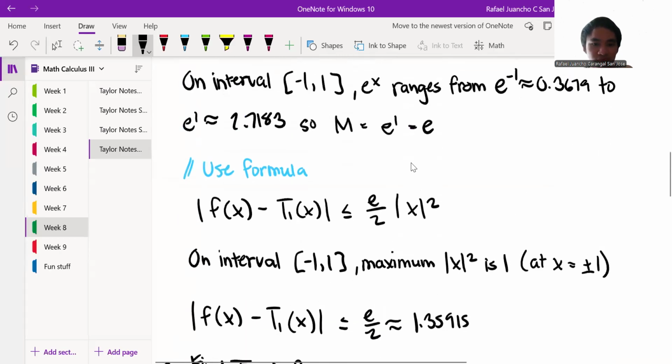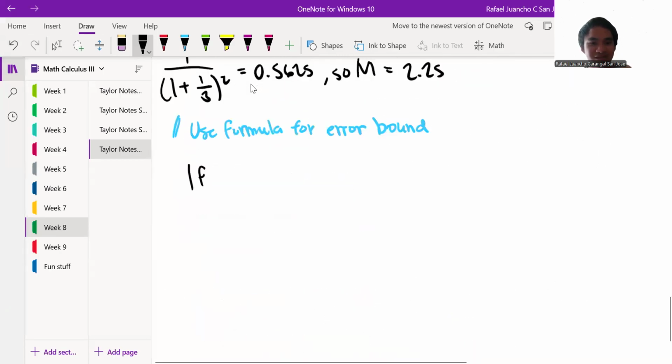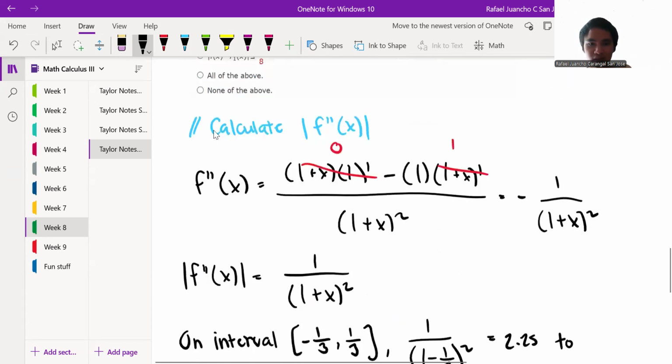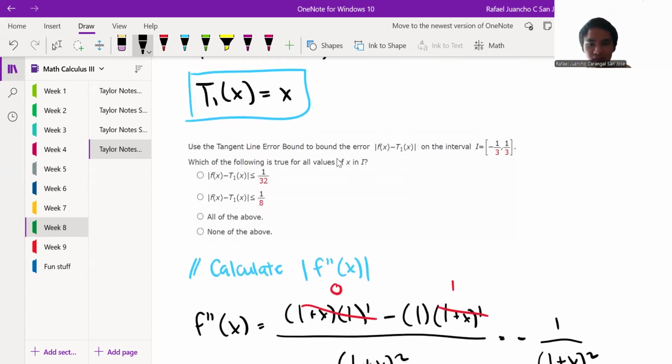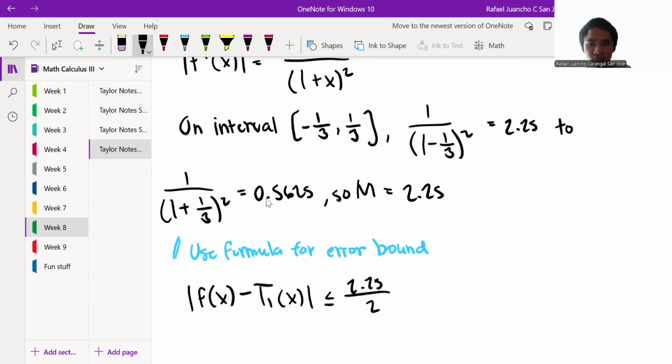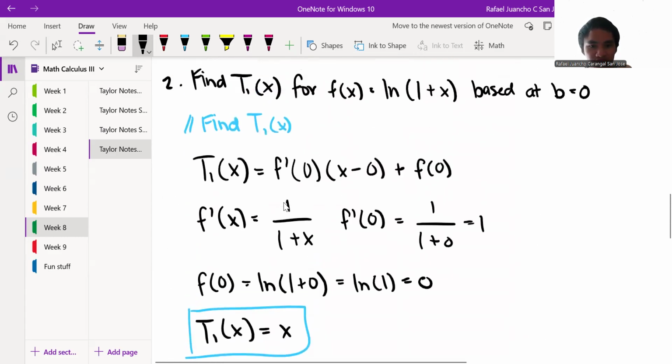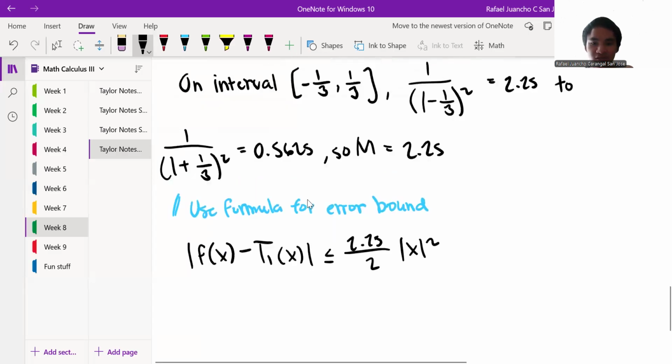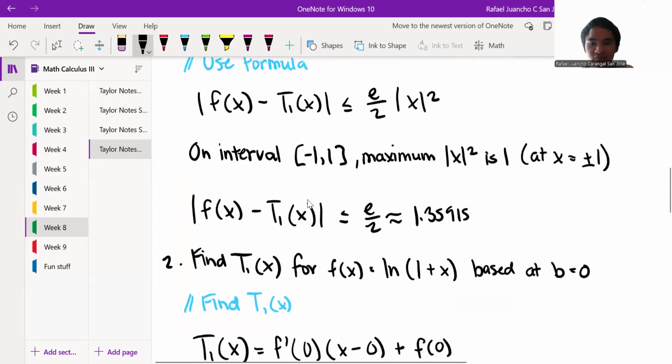Or shoot, no. Oops, my bad. My function minus my first Taylor polynomial is less than or equal to my M divided by 2. And then I think this was, what was my B again? Shoot. Oh, my B was 0. I have this thing again. Right? So same idea.